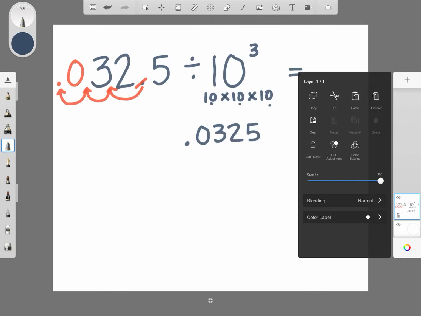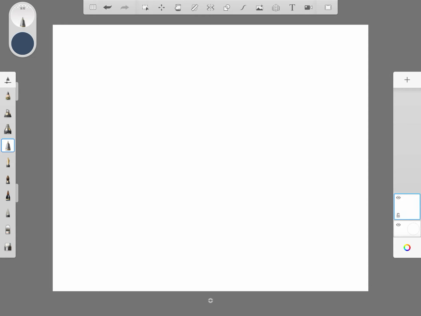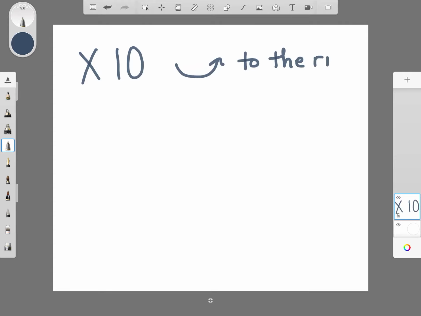Now, the main thing to remember, let me clear this off, is that when you are multiplying by 10 or powers of 10, you're going to move the decimal to the right. You move it one space for each 10 that you're multiplying.